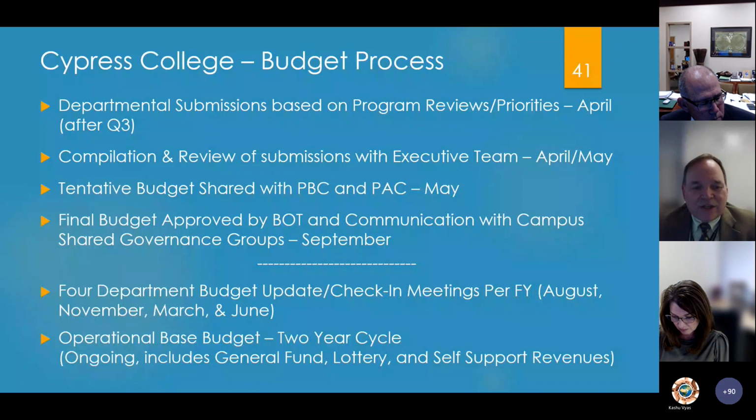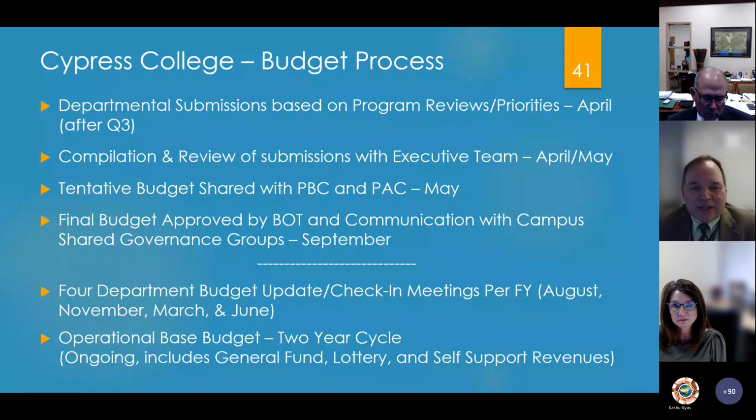The compilation and review of submissions will be with the executive team in late April, early May. And then the tentative budget will be shared with PBC and PAC in May.